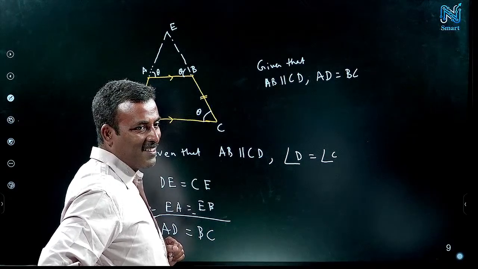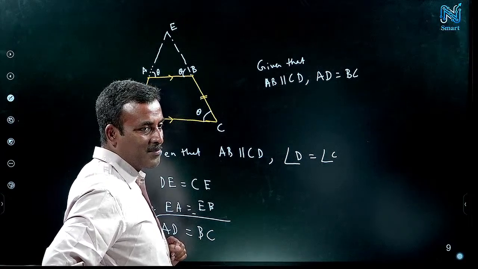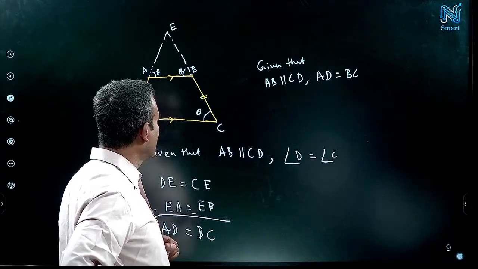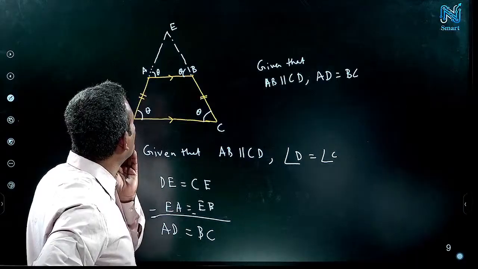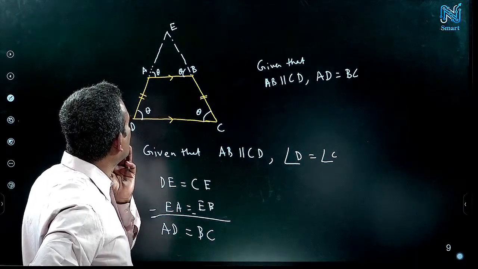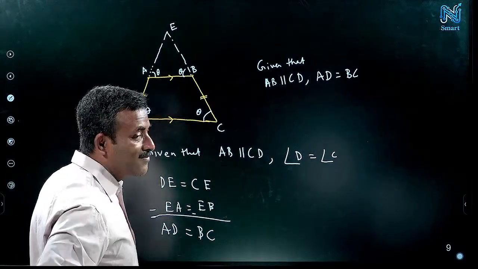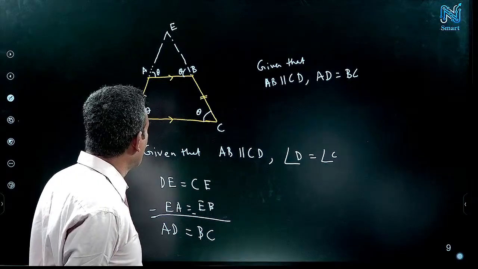AD equals BC is given. You have to prove that the angle is equal. Then the distance between those points is equal, the distance between two lines. At any certain point, if I draw at equal angle, they are equal.